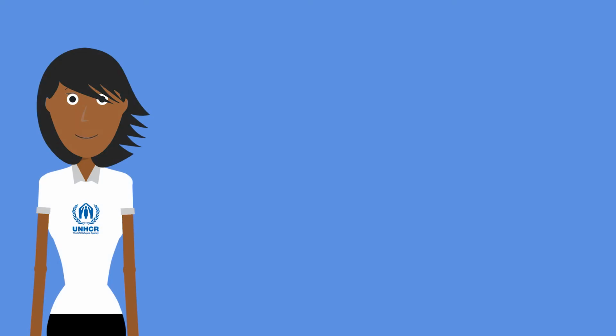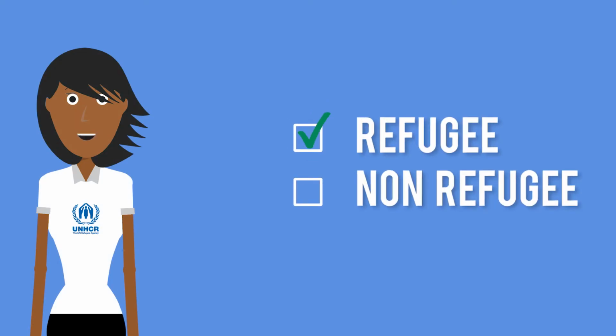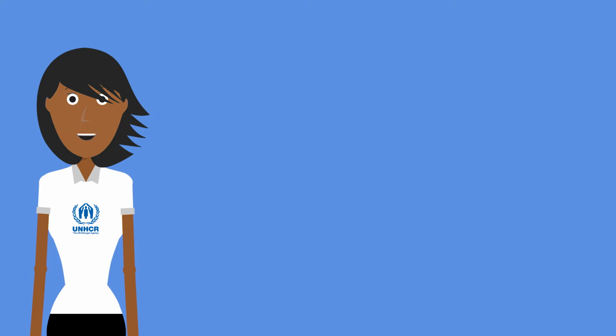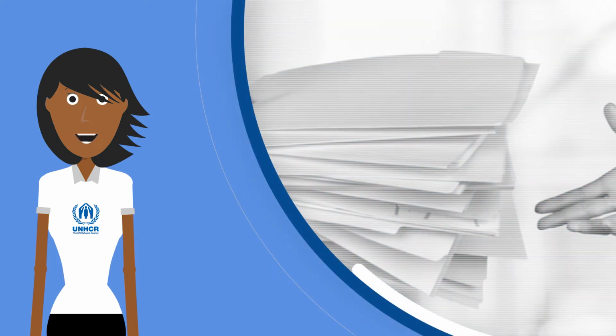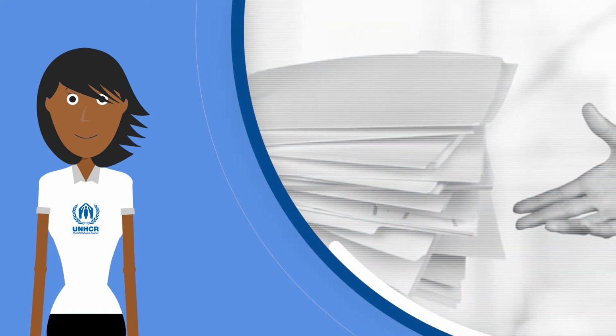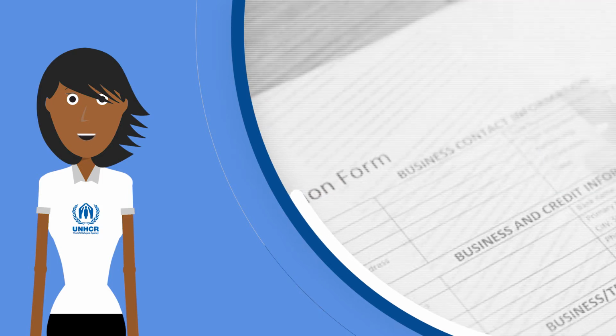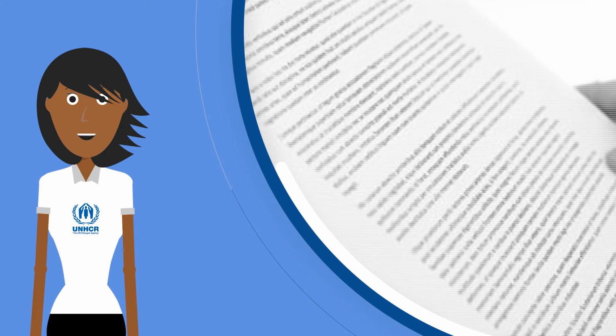The RSD interview will be used to assess if you qualify as a refugee under the definition of the 1951 Refugee Convention. During the refugee status determination procedure, you are required to submit any document and evidence relevant to your application which were not already submitted at the time of your registration.